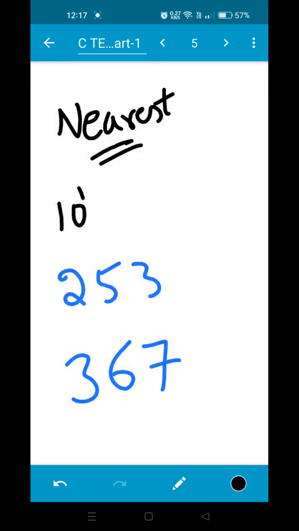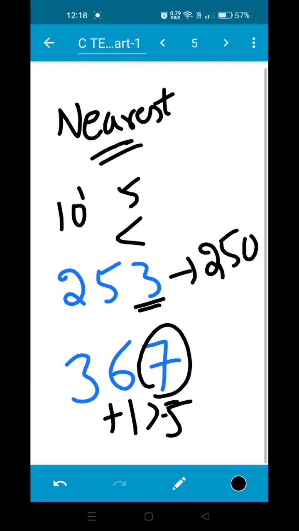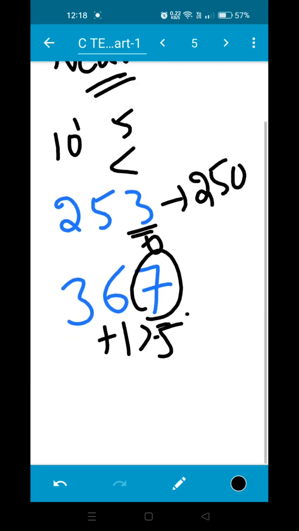To find the nearest tens, we have to observe the units digit. If the units digit is less than 5, keep 0 here, which means 250. If the units digit is greater than 5, then for the before digit you add 1 and keep 0. Then the nearest 10 is 370.